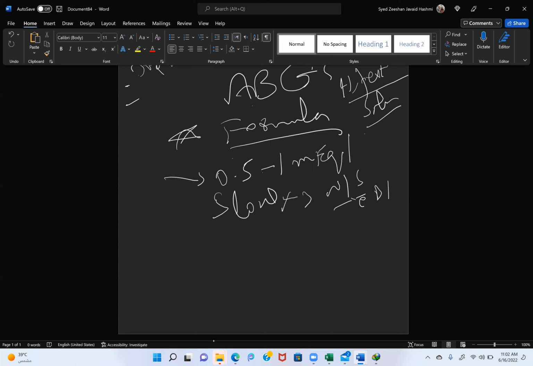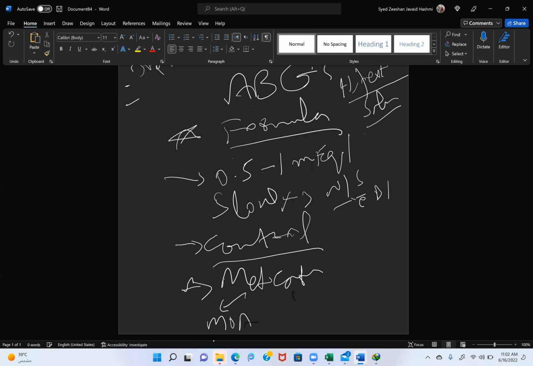Control, of course. It's a big topic, so if they want to ask you about diabetes and hypertension, you should be ready for it. But usually it is about control, and how it is controlled by medications, which medications, their mechanism of action, and their side effects, and anesthesia relevance.